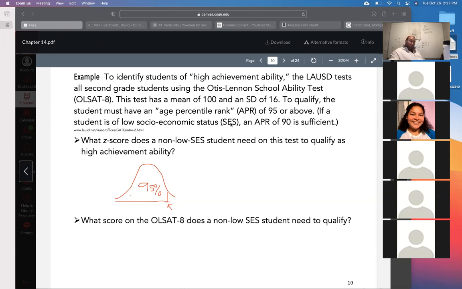And what are we going to use for our mean and our standard deviation? 100 and 116. Sorry, 16.